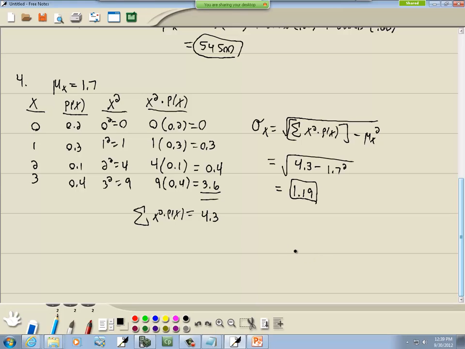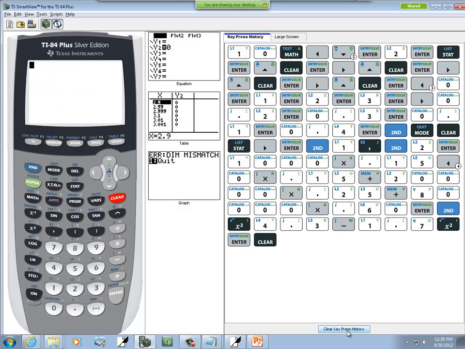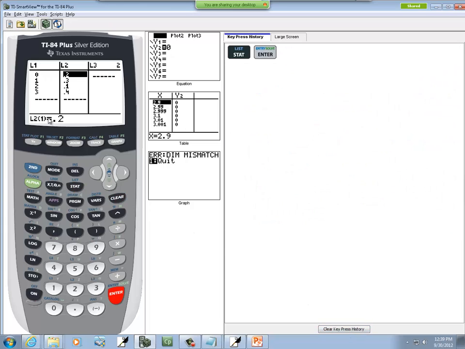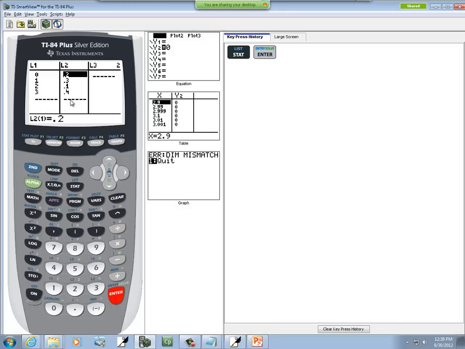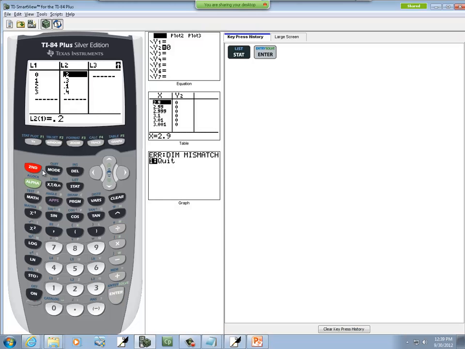Okay, let's look at this on the TI-83, TI-84. Well, to begin with, under stat edit, we need to have our x values in L1. So we got 0 through 3, that's fine. And under L2, we need our p of x, which is 0.2, 0.3, 0.1, 0.4, which is correct. So I exit out.